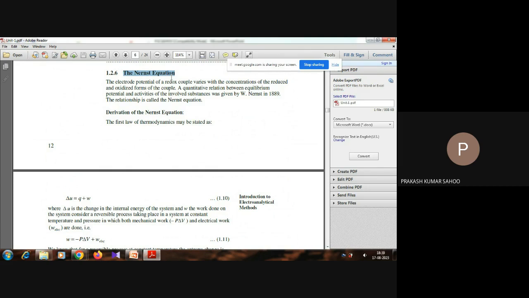But this formula is applied when the standard condition is maintained, that is, the concentration is 1 molar. When the concentration changes from 1 molar to other concentrations, like 0.8 molar, or 2 molar, or 5 molar or 10 molar, at that condition the standard state is not maintained. So for the non-standard state, the Nernst equation is used, which was formulated in 1889.